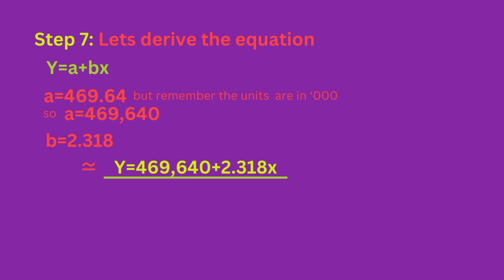In step 7, as per our example, we were required to derive a formula to assist in the preparation of the overhead budget for the periods which we've been given. So in step 7, we finalize our example and we derive the formula. Our equation, which is a linear equation, is y is equal to a plus bx.